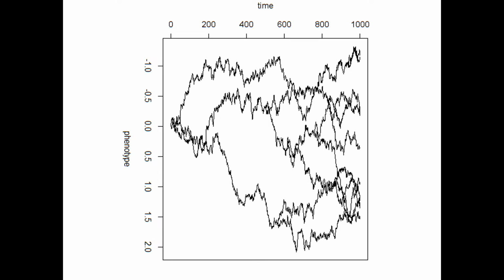And so you get a trajectory of phenotype that looks like this, where the phenotype varies, but if it starts trending in a particular way, it might tend to continue trending that way. And I had R do a random walk of evolution for 2 traits along the entire phylogeny, this phylogeny here.